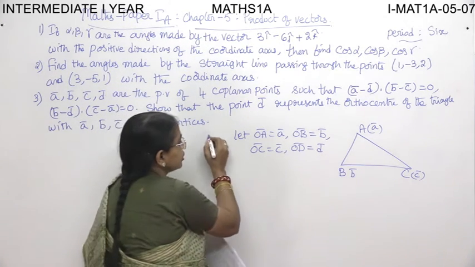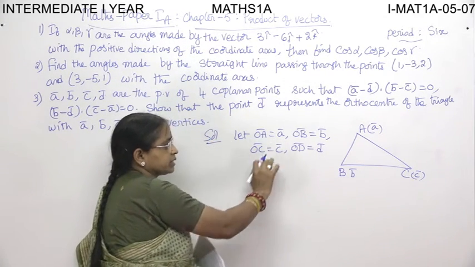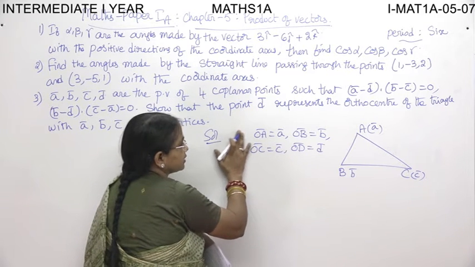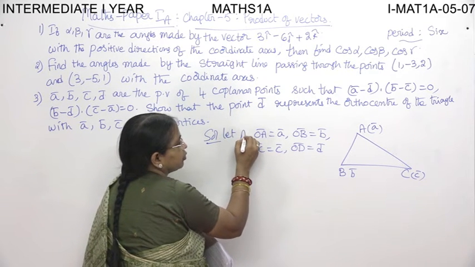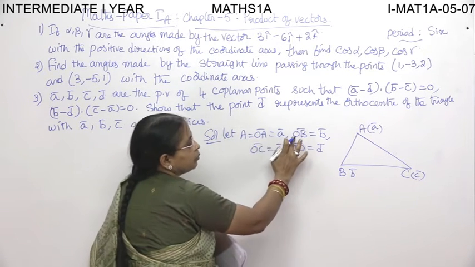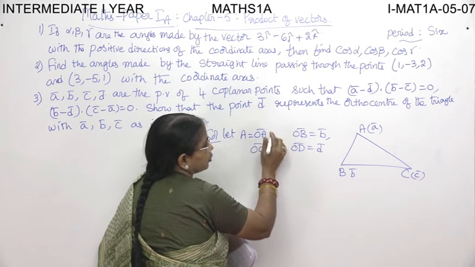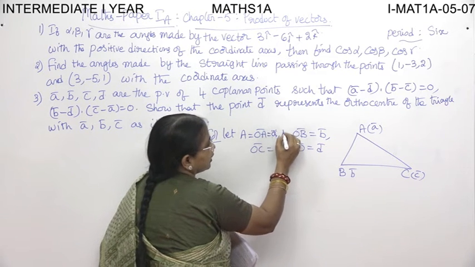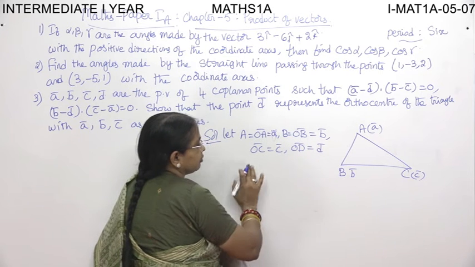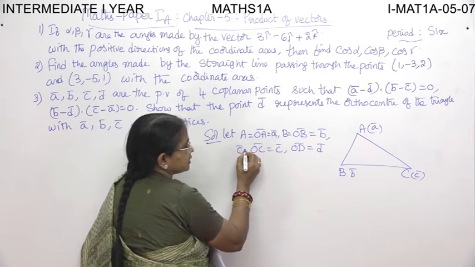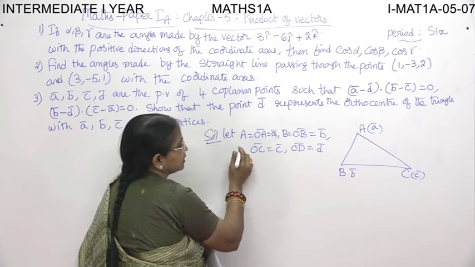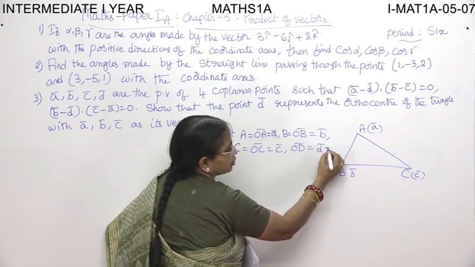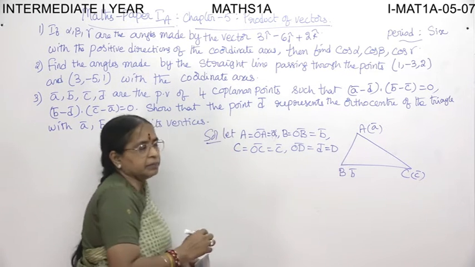So, in the solution, first we'll take the points A, B, C, D as: let capital A be the point with OA equal to A, capital B with OB equal to B, capital C with OC equal to C, and OD equal to the point D. Like this we'll take.